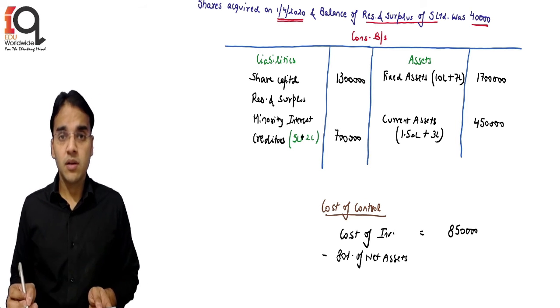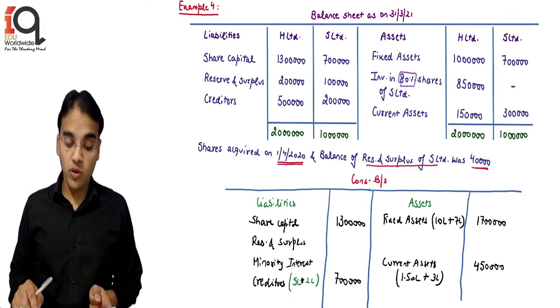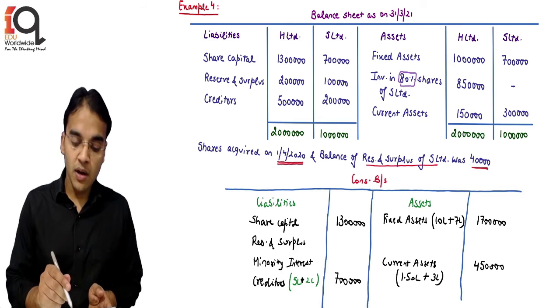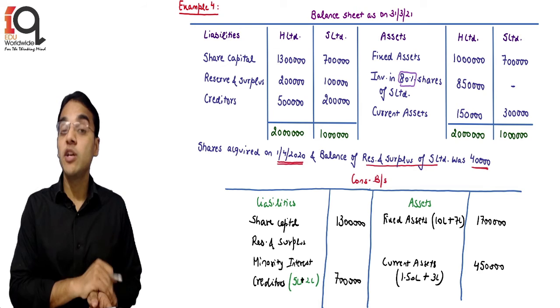Now in this case, can I consider net assets as I was doing in the previous three examples, that is 7 plus 3, 10 lakh minus 2 lakh creditors? The answer is absolutely no.